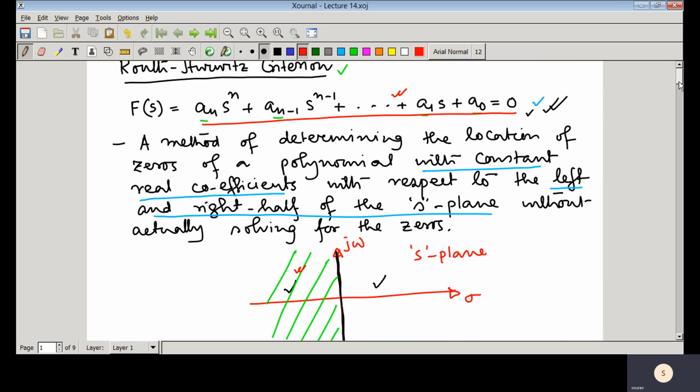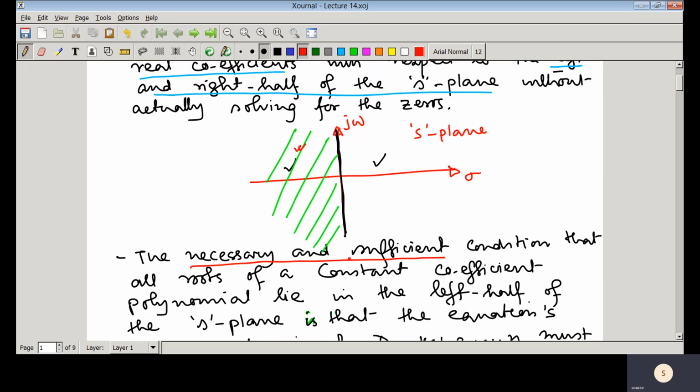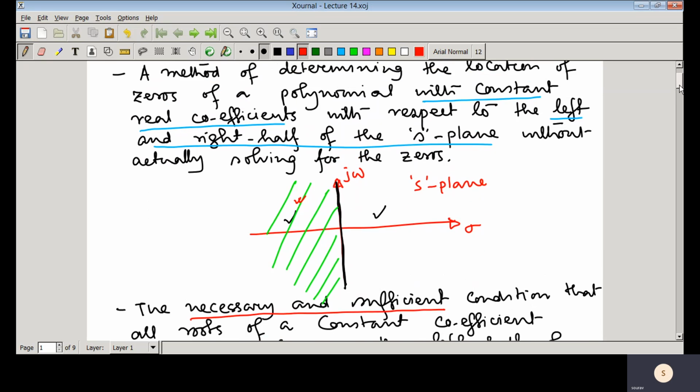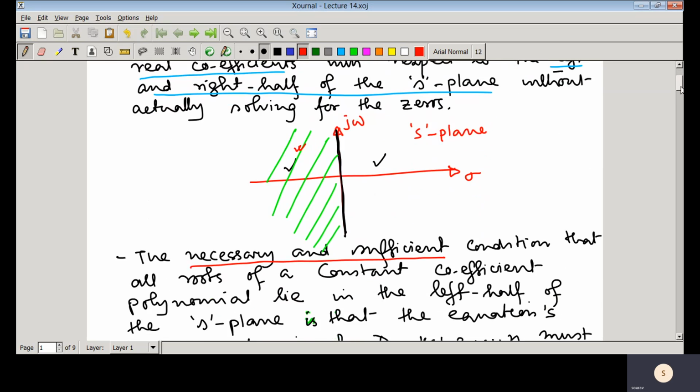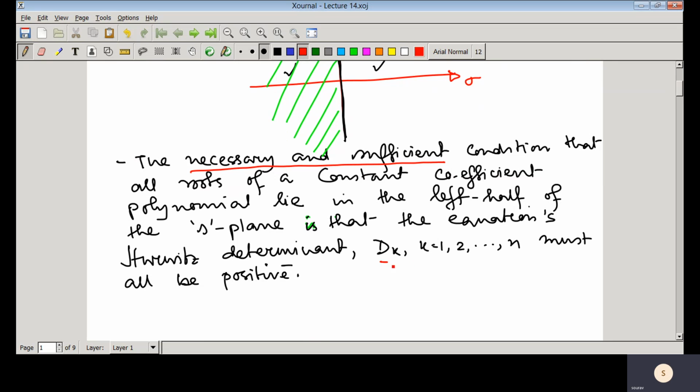So whenever a polynomial is given, we can form n number of matrices, which are called Hurwitz matrices, and the determinants of those matrices, the Hurwitz determinants, should all be positive.